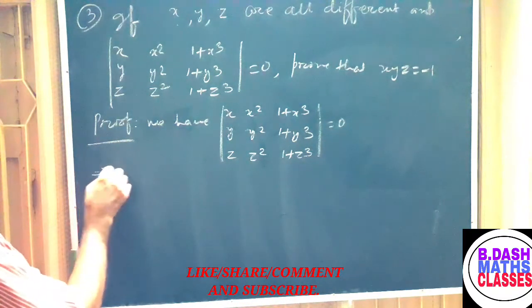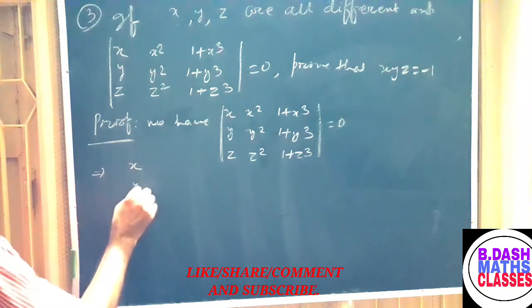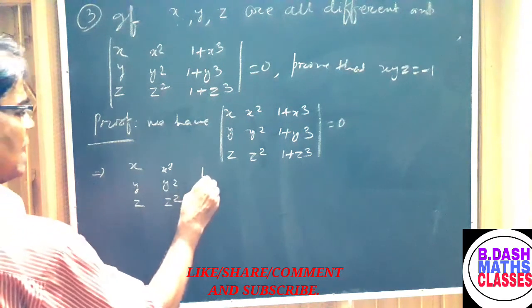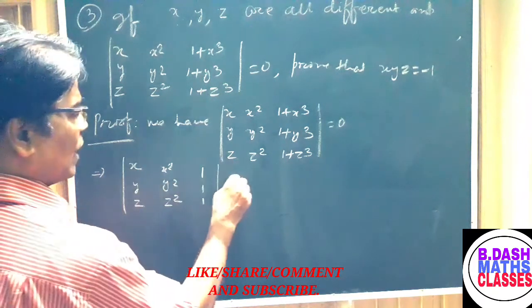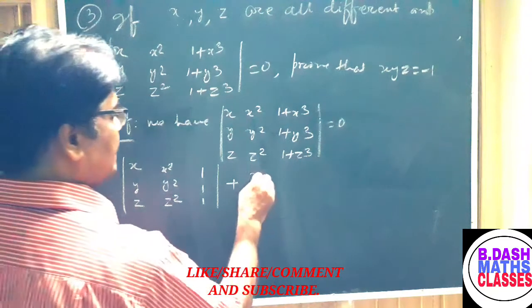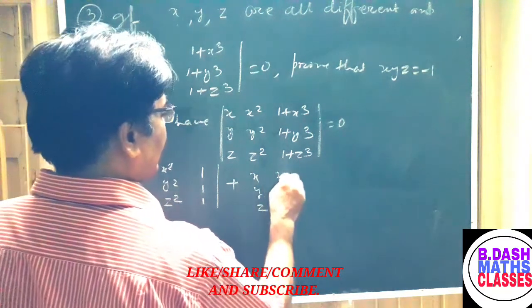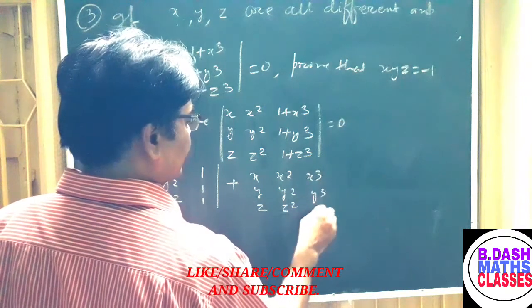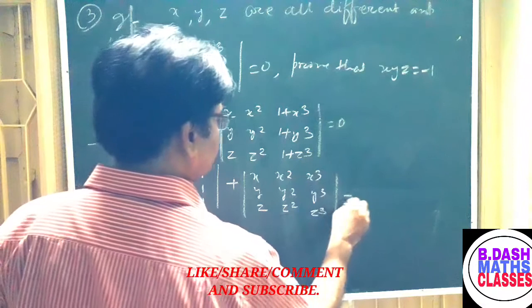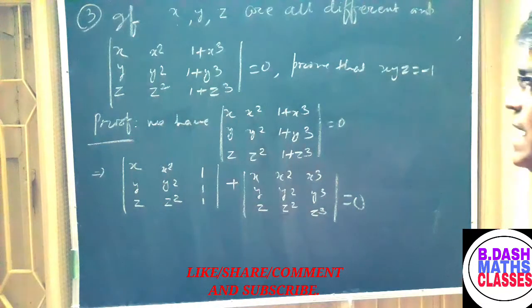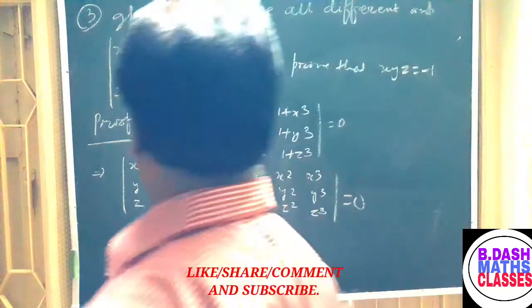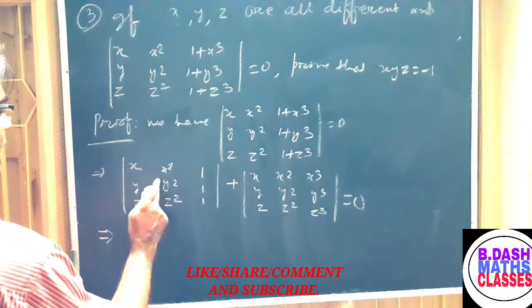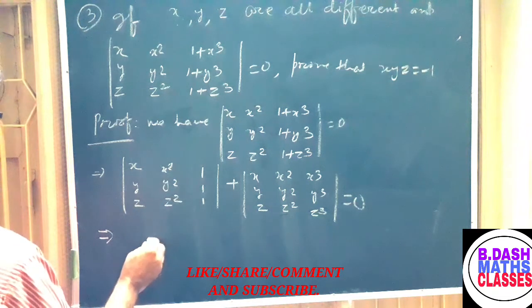So this can be written as the determinant x, y, z, x square, y square, z square, 1, 1, 1, plus the determinant x, y, z, x square, y square, z square, x cube, y cube, z cube is equal to 0. Now, let us replace the first column with the second, and the second column with the third column.